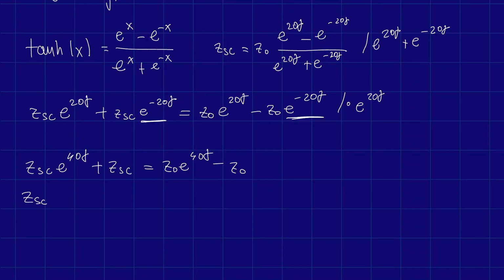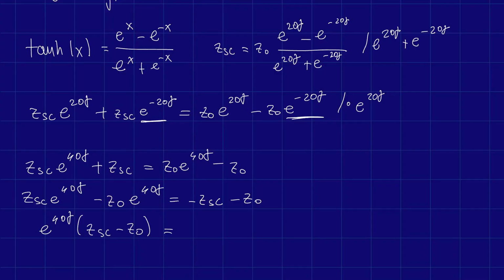So this term we just rewrite, and the term with Z0 we move from the left, and we do the same thing for the right side. We move this term to the right and we just rewrite Z0. Now we can take e to the 4l gamma out in front of the parentheses, so that is e to the 4l gamma multiplied by these two terms equals the right side, simply rewritten.